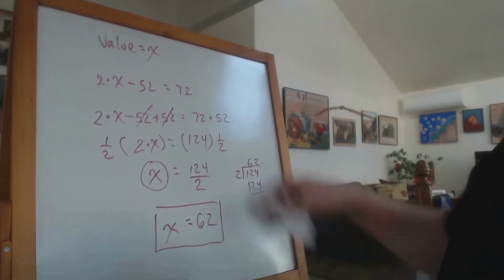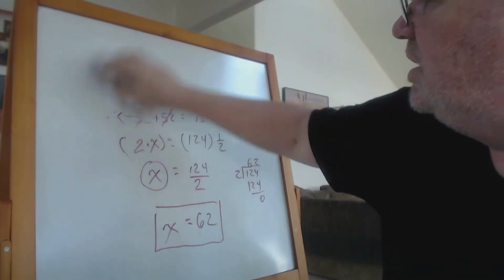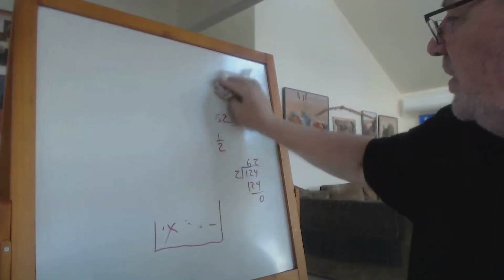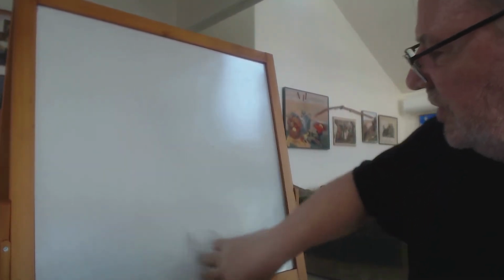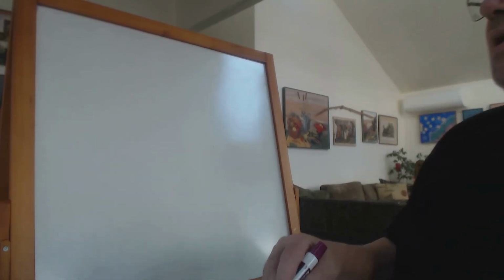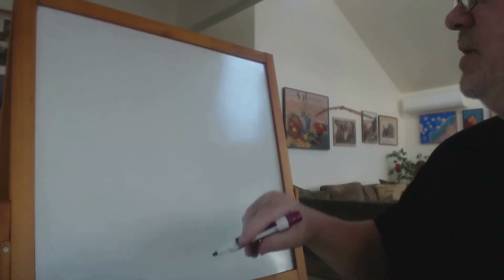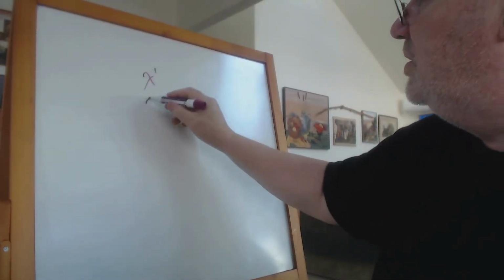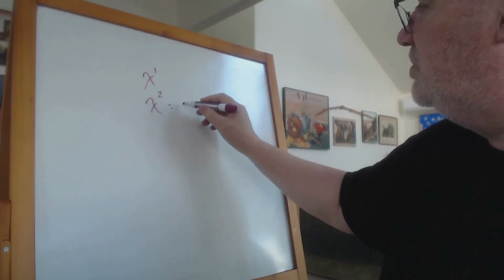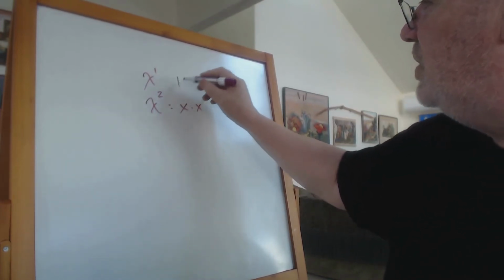So let's try another equation. That was a simple equation. That was a linear equation because x wasn't a high order. It was only an order of 1. When I say order, I mean x to the 1, x squared equals x times x, and this is 1 times x.